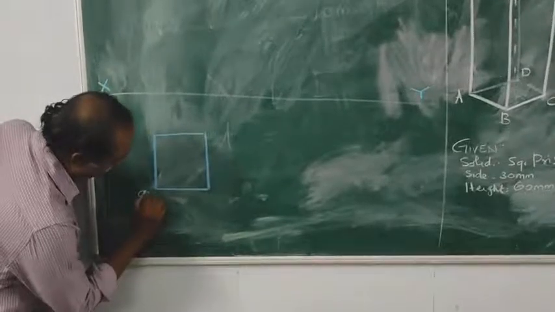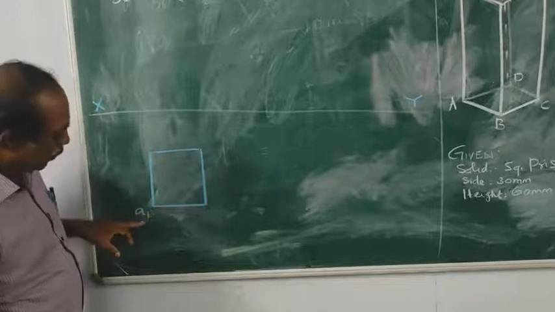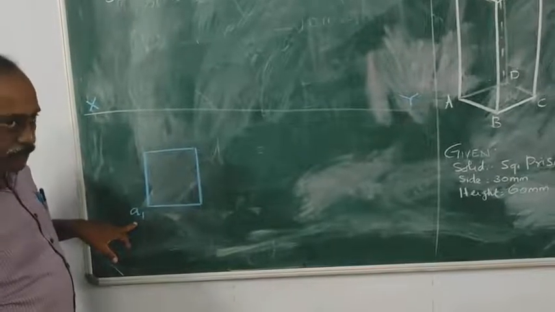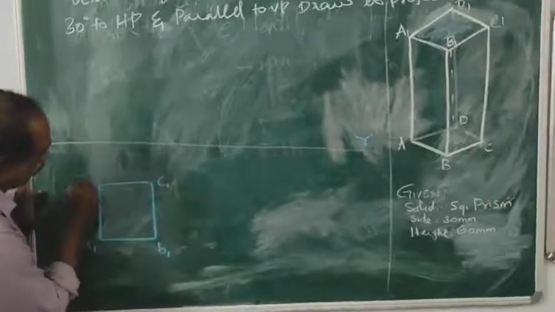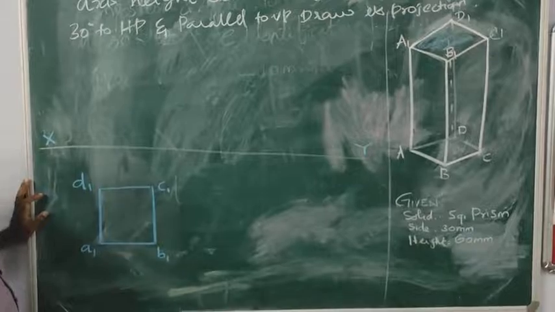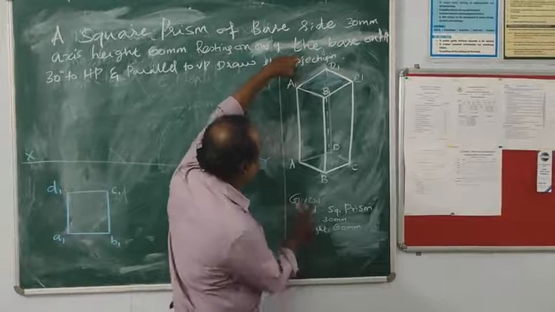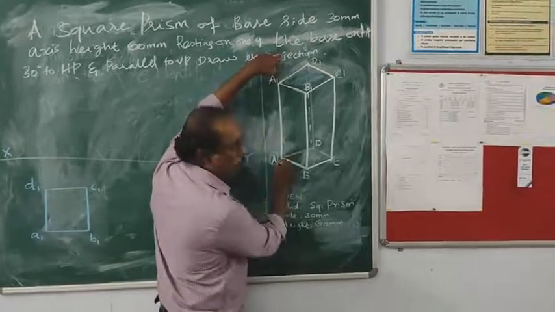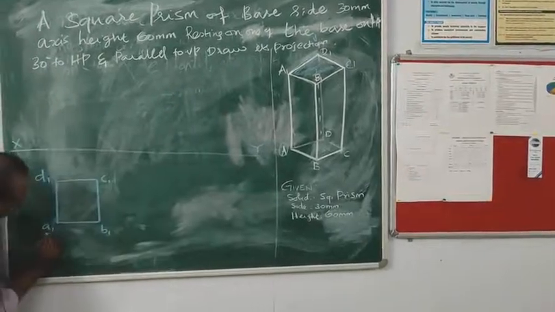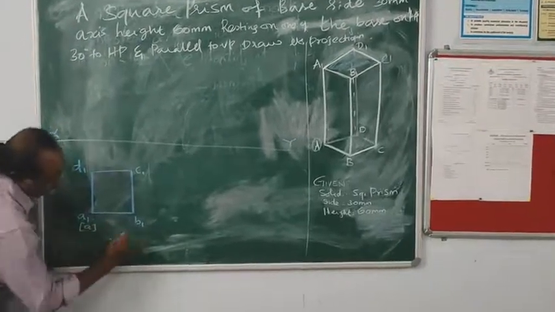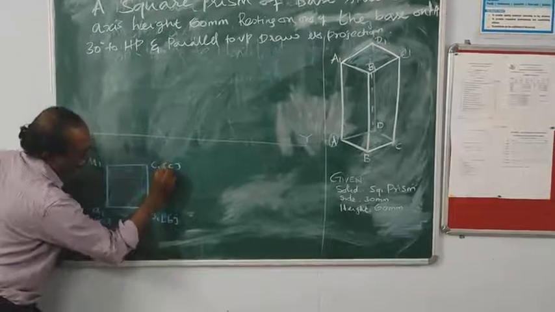In the top view, a1 is specified as a1 in small case, and this is b1, this is c1 and this is d1. Seen from the top, a1 is visible, a is not visible but is there, so we mention in brackets a, b, c and d.